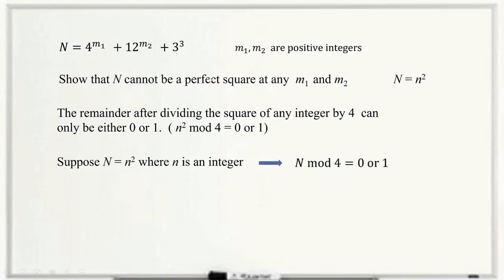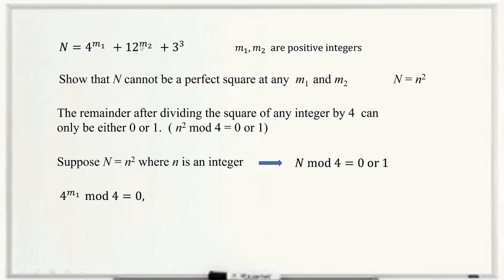Let's look carefully at this integer. The first term, 4 to the power m1, is a multiple of 4 because m1 is an integer. It means that the remainder after dividing this term by 4 is 0.